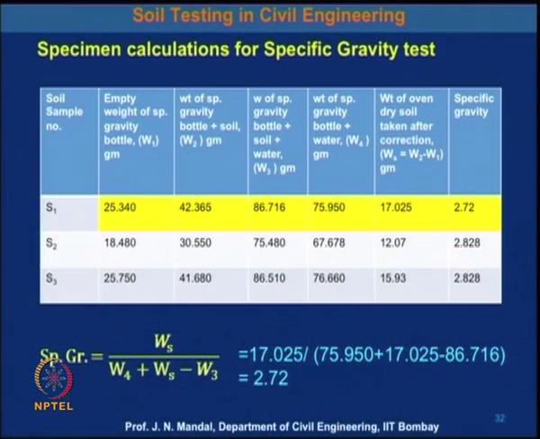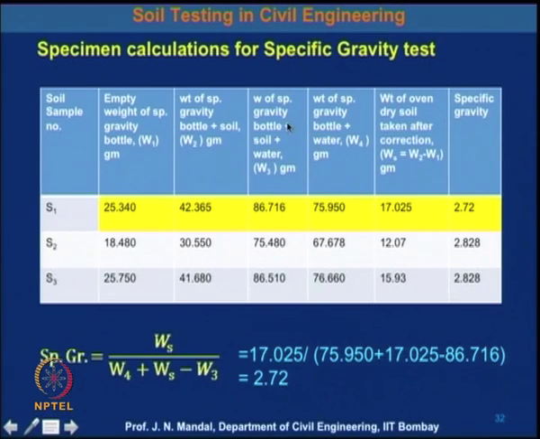You can take the different soil sample number, then you take the empty weight of the specific gravity bottle, okay. Then that empty weight is about 25.340.